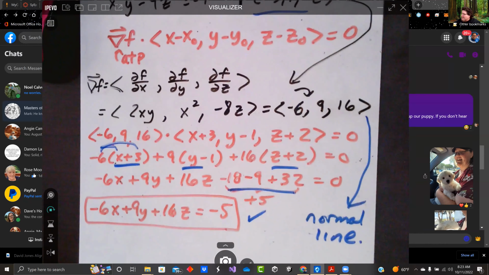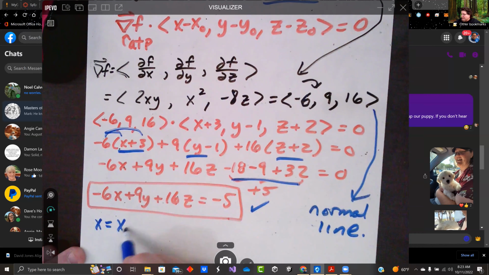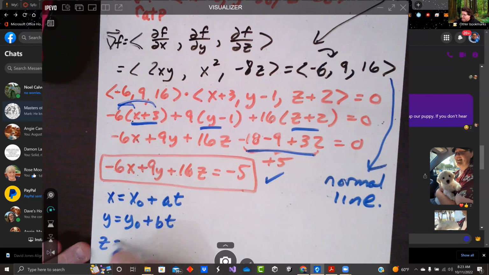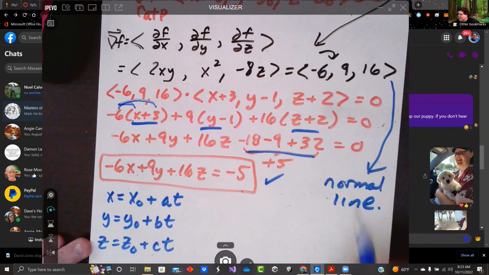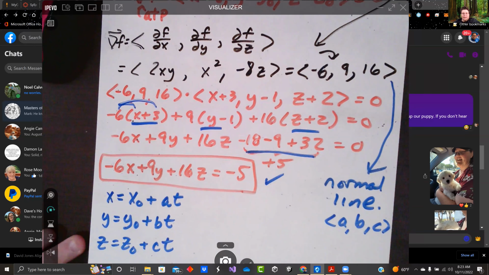If we wanted to turn that into parameters, we would do x equals x naught plus at, y equals y naught plus bt, z equals z naught plus ct. A, B, and C, the normal line is ABC in this case. X naught, Y naught, Z naught was our initial points.